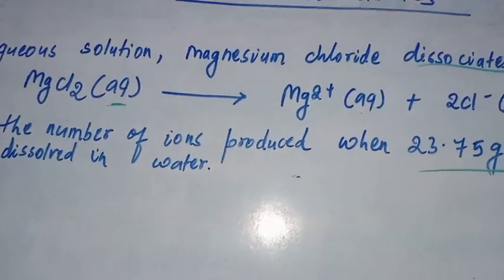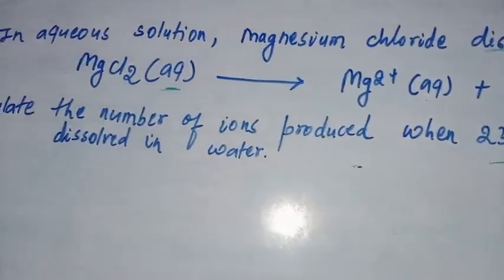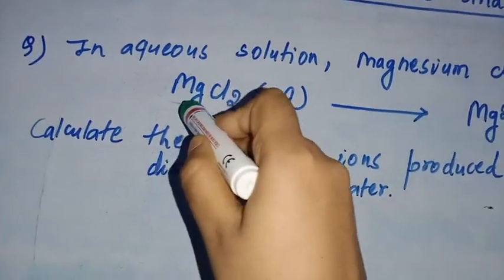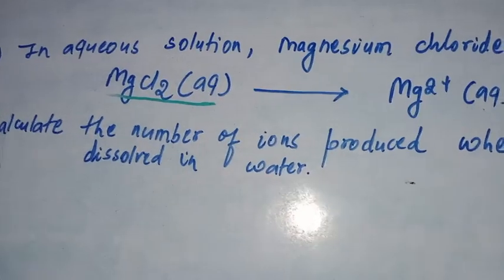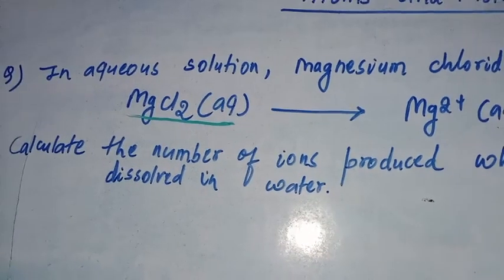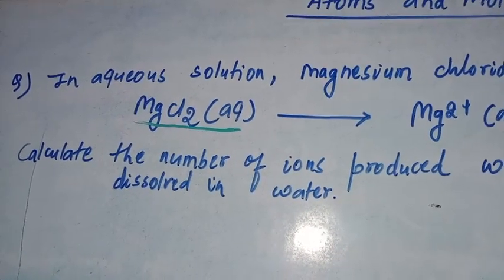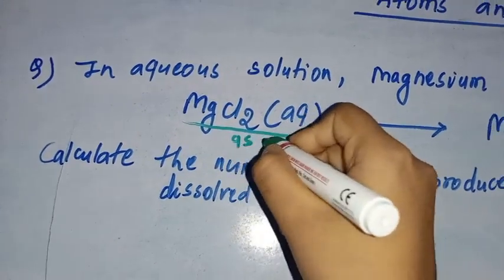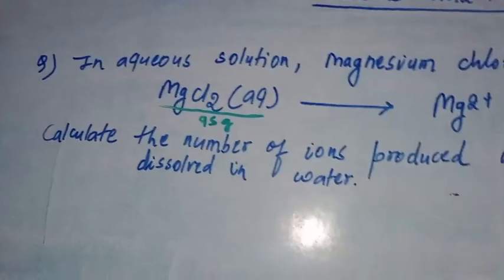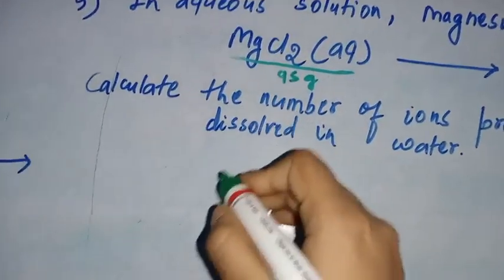Okay, so here first we have to calculate the molar mass of MgCl2. If we calculate the molar mass of MgCl2, it is about 95 gram. So we will write the reaction again here.